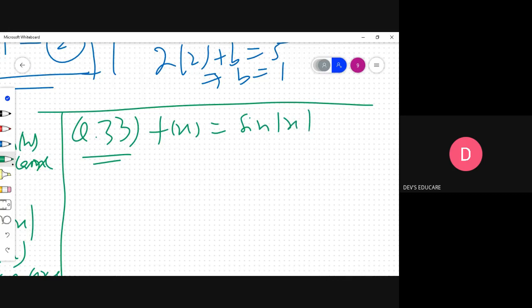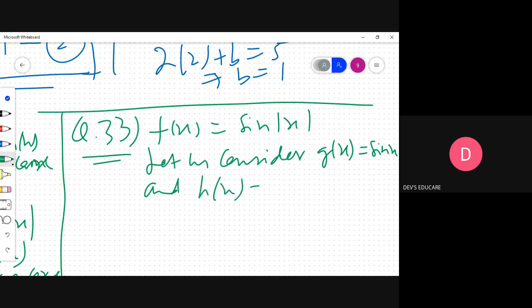So let us consider g(x) equals sine x and h(x) equals mod of x.